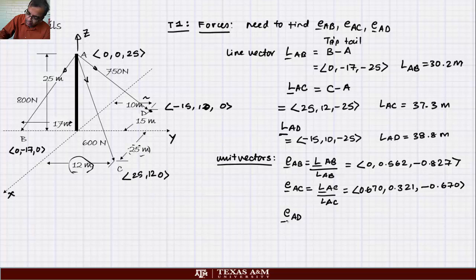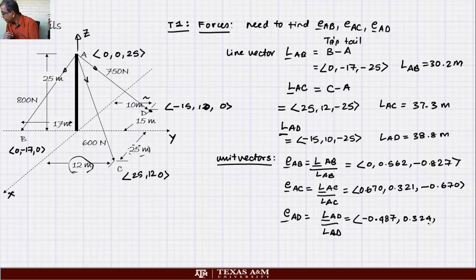EAD is LAD divided by its magnitude, which turns out to be minus 0.487, 0.324, 0.811.